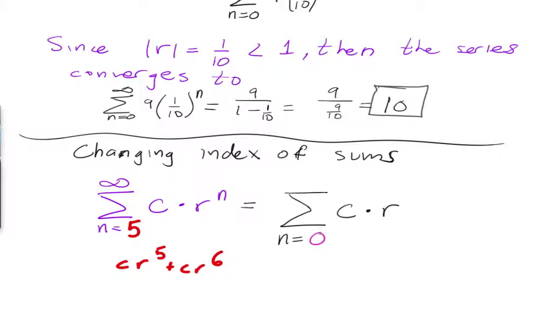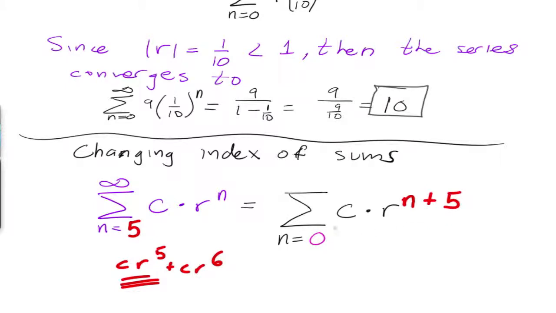Okay, so if you want it to start at 0, what does this exponent have to be for them to be equal? So you want it to match, right? You want the first term to be CR^5, so this would have to be n plus 5, right? Does that make sense?